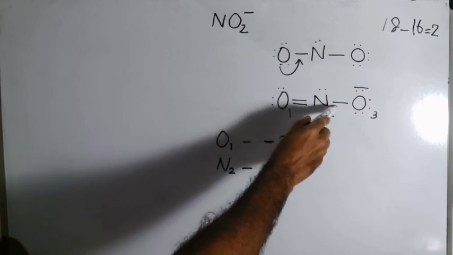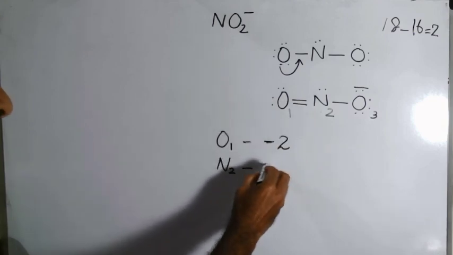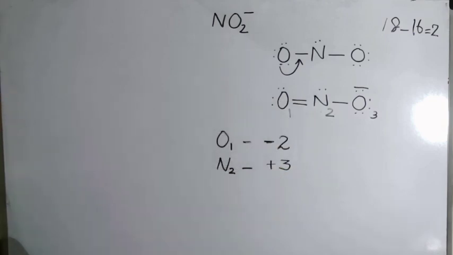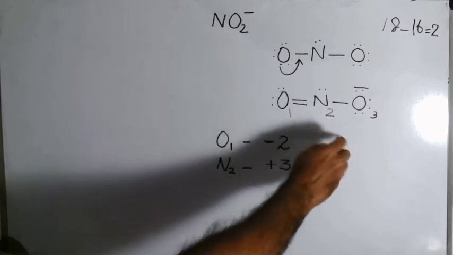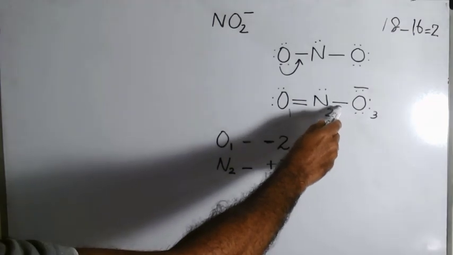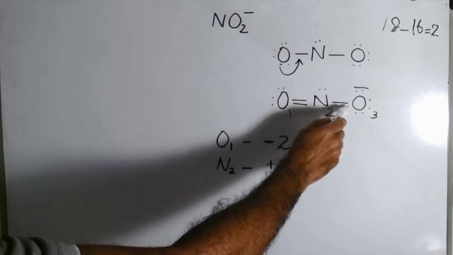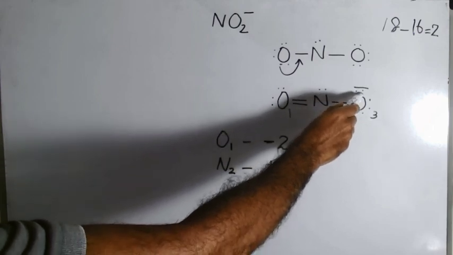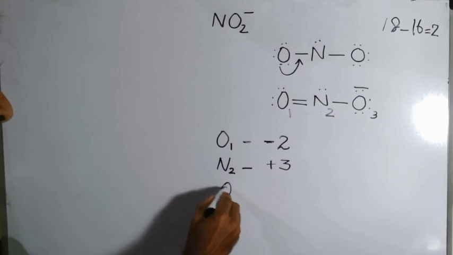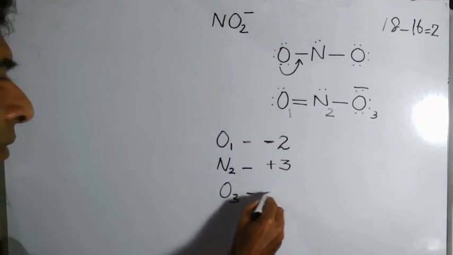And this one, 1 positive charge, meaning +3. So when we come to the single-bonded oxygen, it gets one negative charge. Already it has a negative charge, so altogether it should get -2.